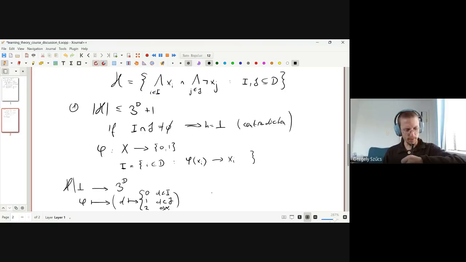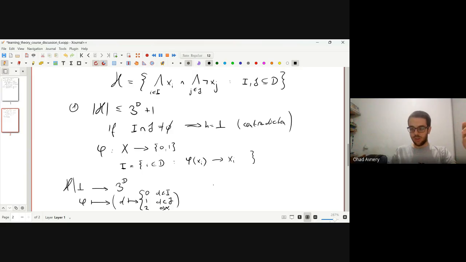It's injective because I and J uniquely define phi. So this shows that the size of H minus 1 is at most 3 to the d. So it's 3 to the power d. Right.